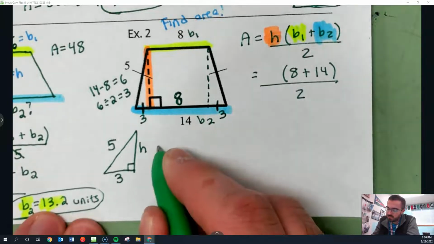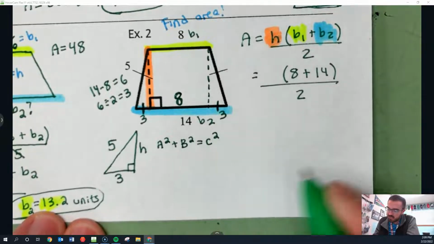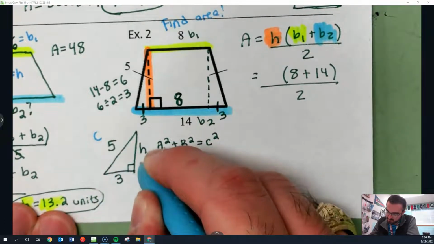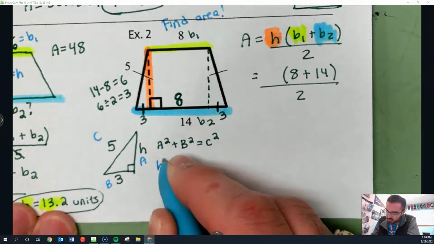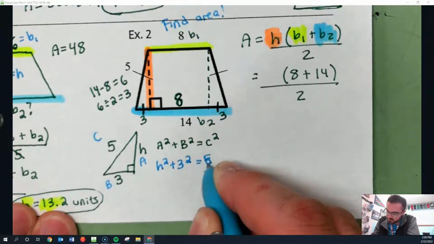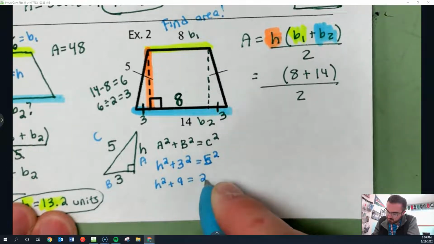We can use a squared plus b squared equals c squared in order to figure out the height at this point. So let's do that real quick. This has to be c because that's my right angle, a and b. So I could do h squared plus 3 squared equals 5 squared. h squared plus 9 equals 25.